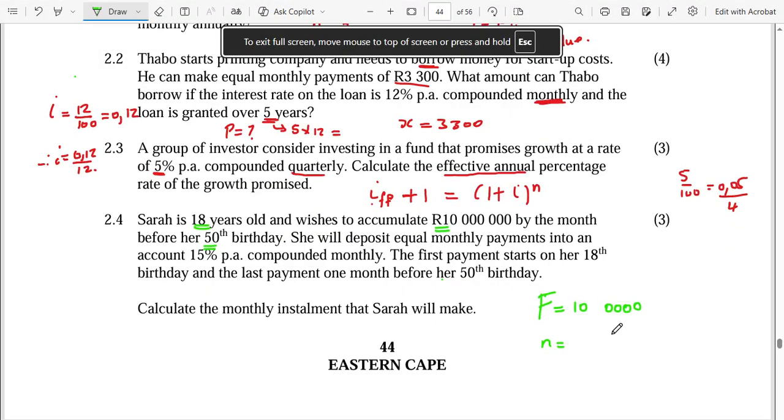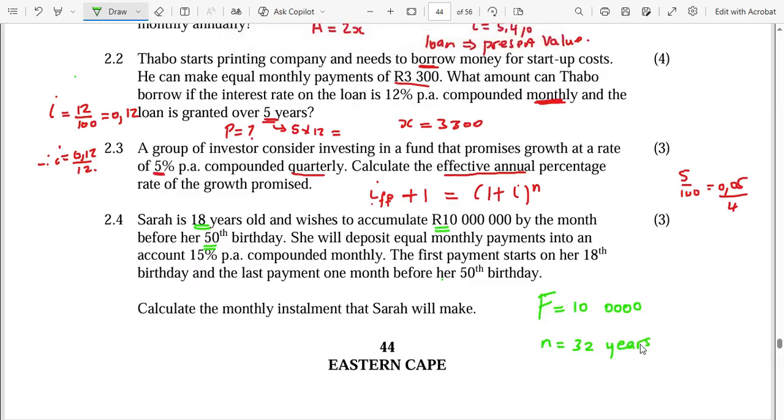So she is going to invest this money for 32 years. Now she deposits equal monthly payments into the account, and i is given as 15%. If you say 15%, you divide that by 100, which gives us 0.15. The first payment starts on her 18th birthday and the last payment on her 50th birthday.